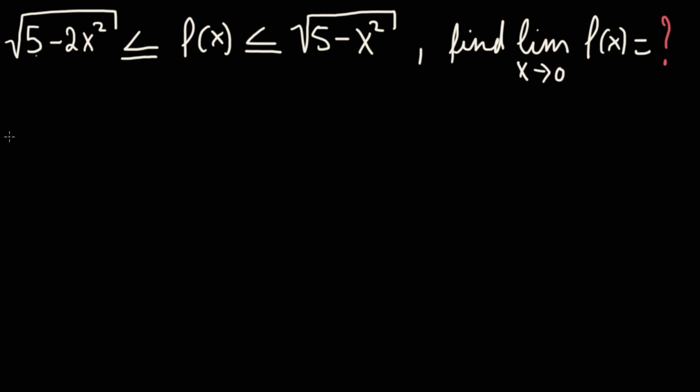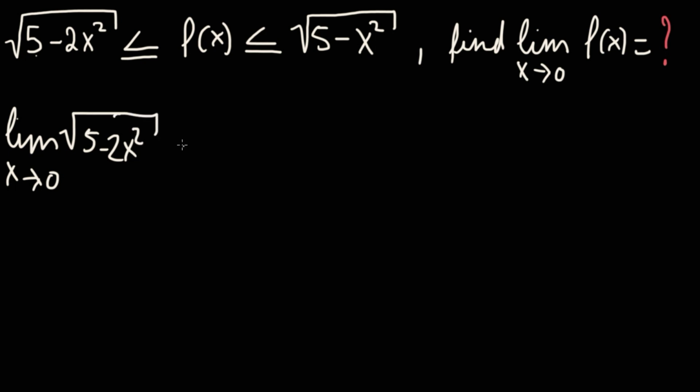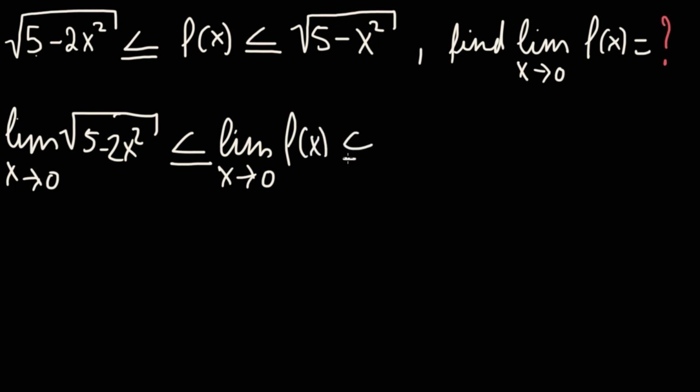So that will become the limit as x approaches 0 of the square root of 5 minus 2x squared, and then the limit as x goes to 0 for f of x, and the limit as x approaches 0 for the square root of 5 minus x squared.